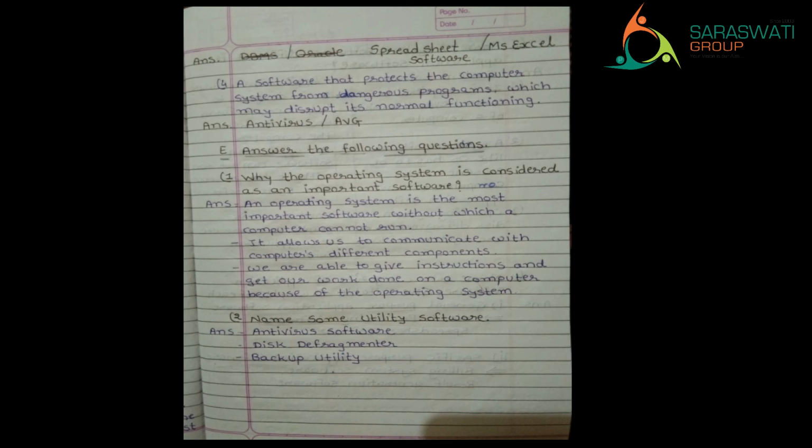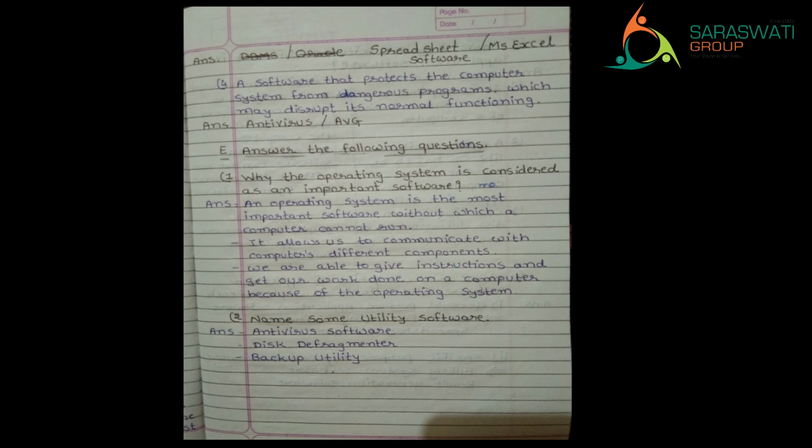Heart, right? See here, how operating system is helpful. It allows us to communicate with computers' different components. Here it means OS, that is operating system is allowing us to communicate with computers' different components.